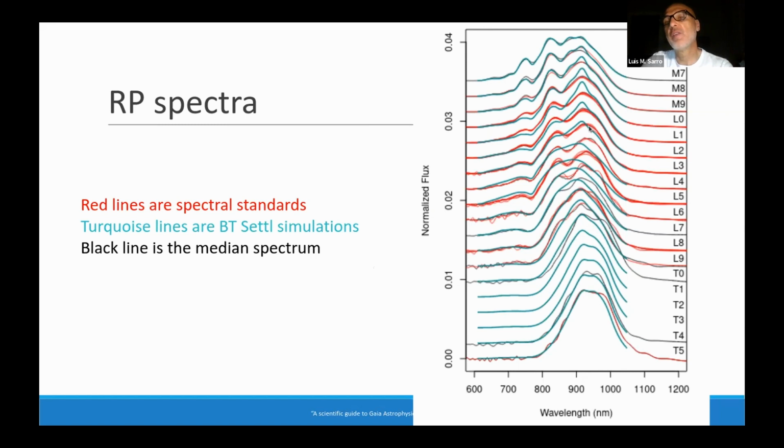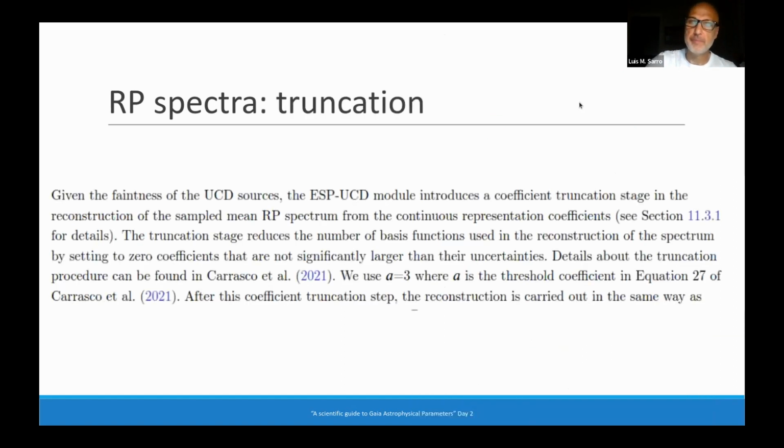The black lines are hardly visible because they are covered by the red lines, which are the templates. So just look from M8, M9. At M9, the discrepancy is already significant between the blue and red line. The blue is the BT-Settl model.